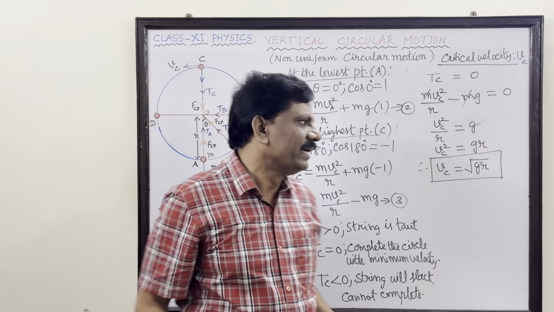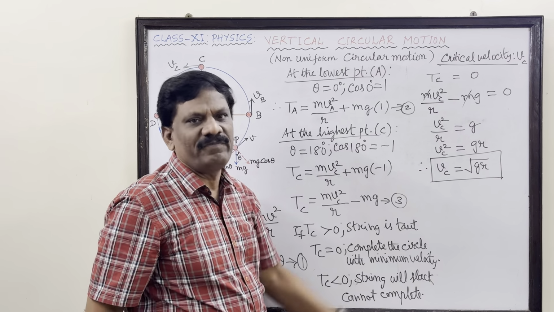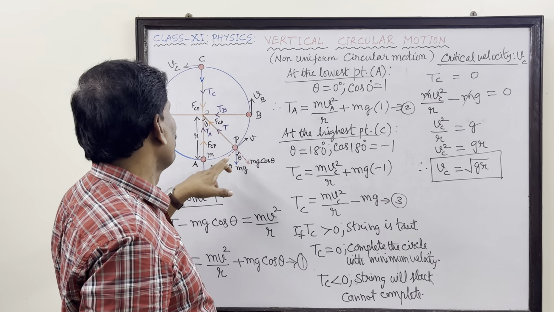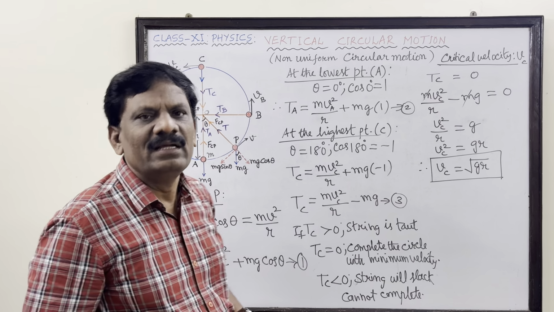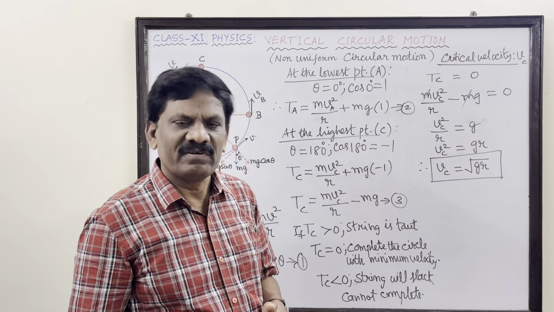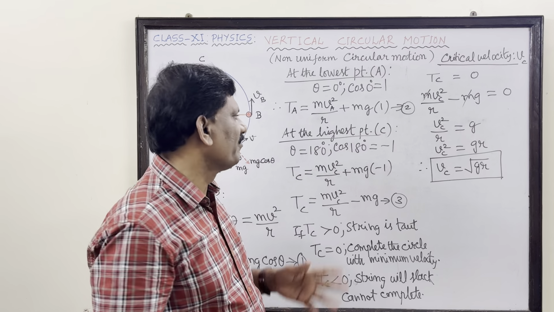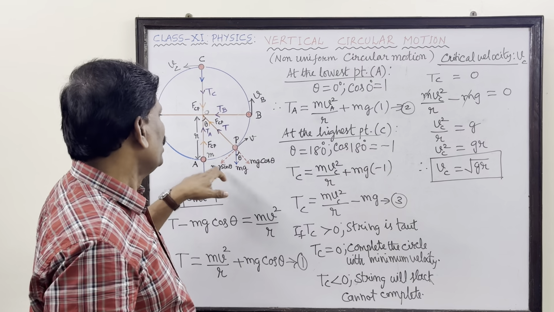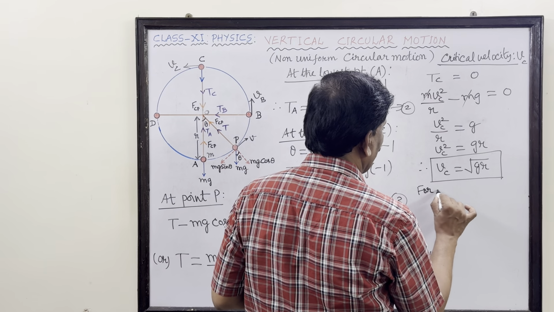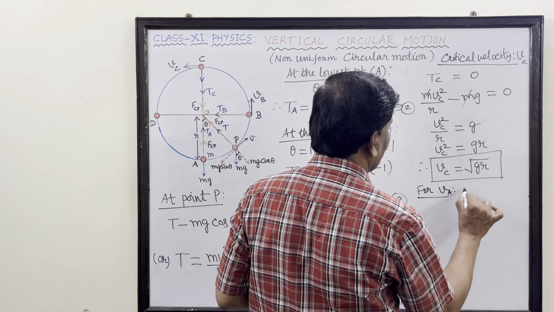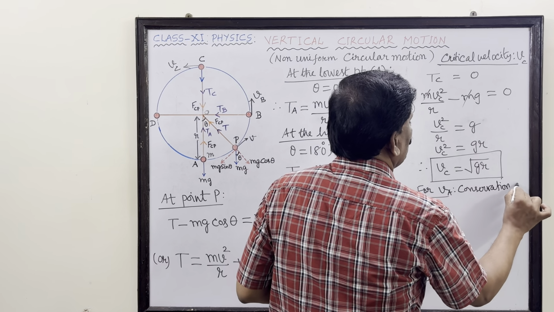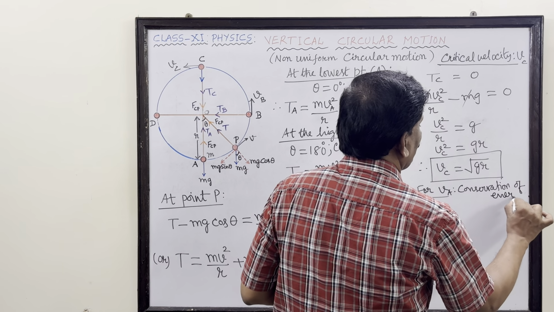Understand? So like this, if you want to find the value of the velocity at different points like B, P or any point like D, then we have to go by the law of conservation of energy. From the law of conservation of energy, we can find out the velocity at the lowest point, VA.